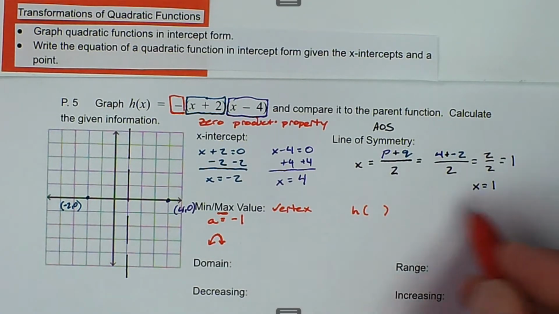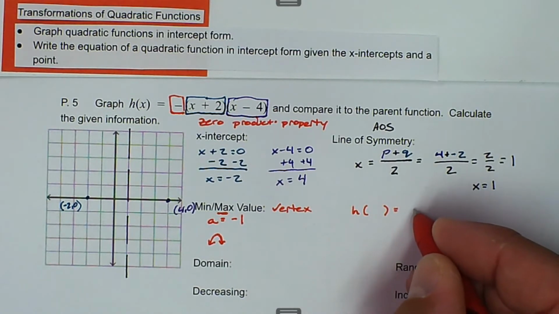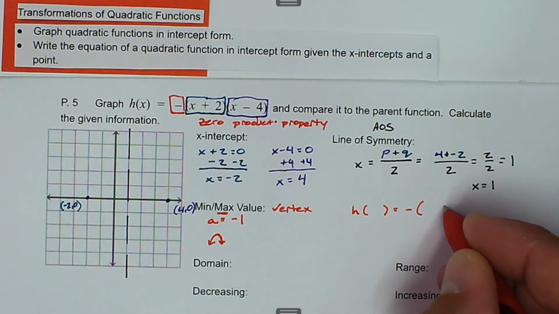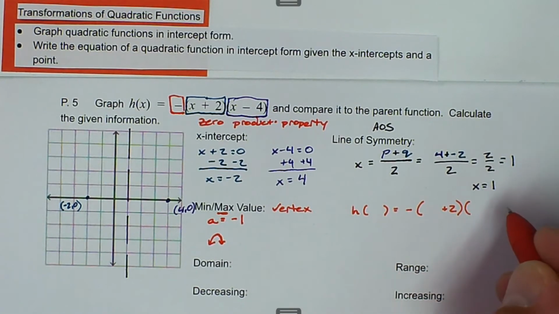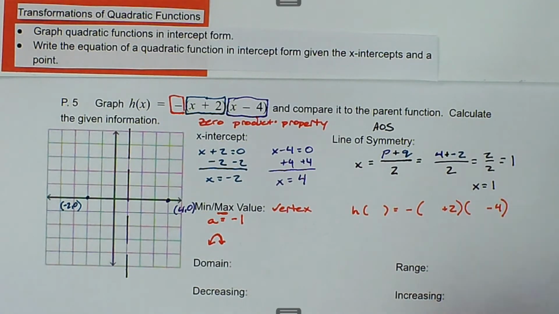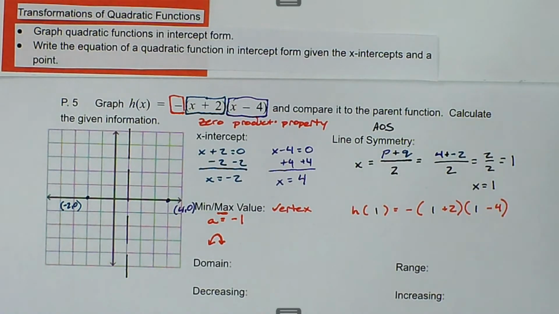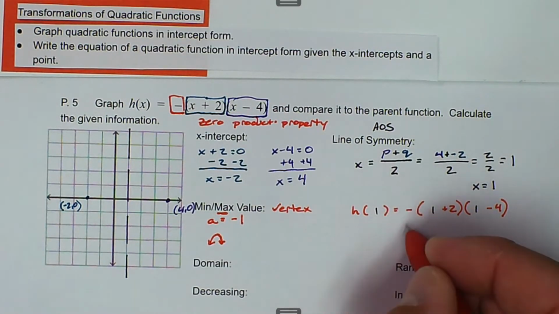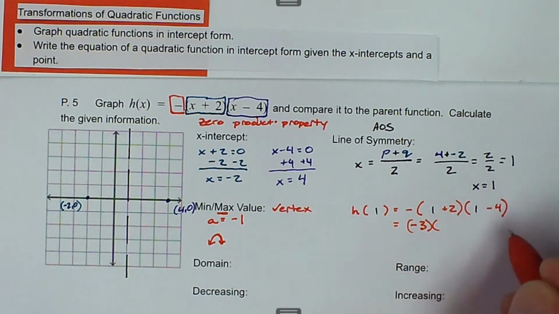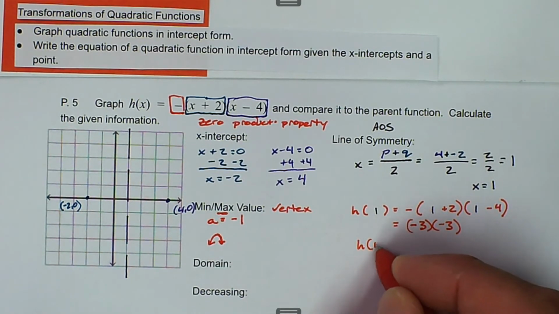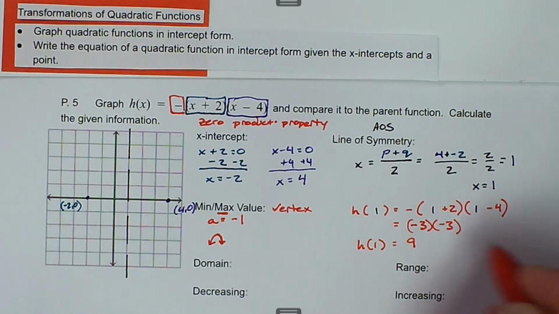So the function h evaluated at 1 is equal to negative (1 plus 2), and then (1 minus 4). And then we can substitute in our 1. And then we're left with negative 3 times negative 3, and we get h evaluated at 1 is equal to 9.